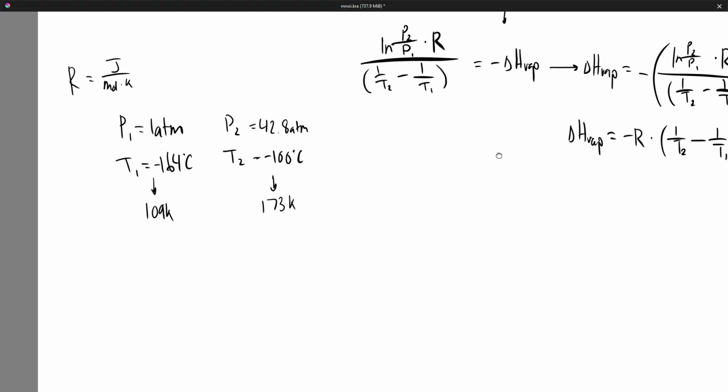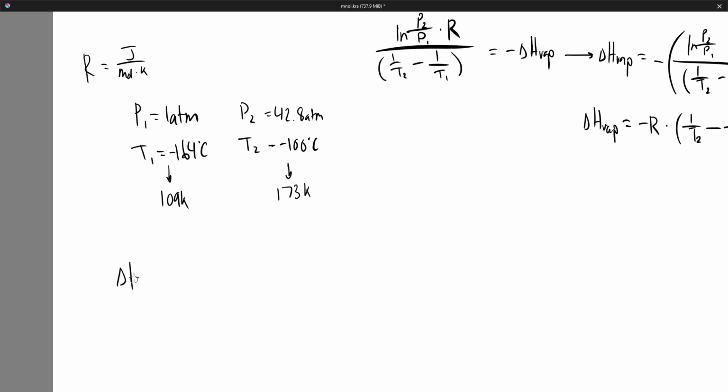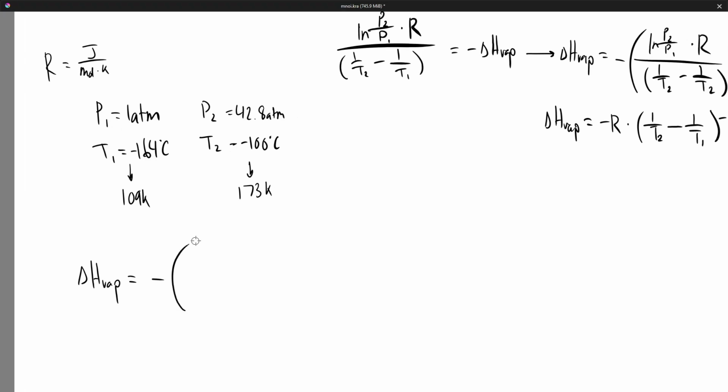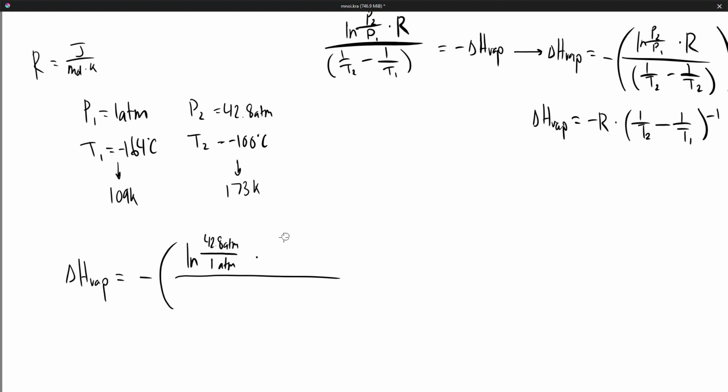So I'll do it my way. The heat of vaporization is negative ln of P2, which is 42.8 atmospheres, over P1, which is 1 atmosphere, times R, which is given to you.